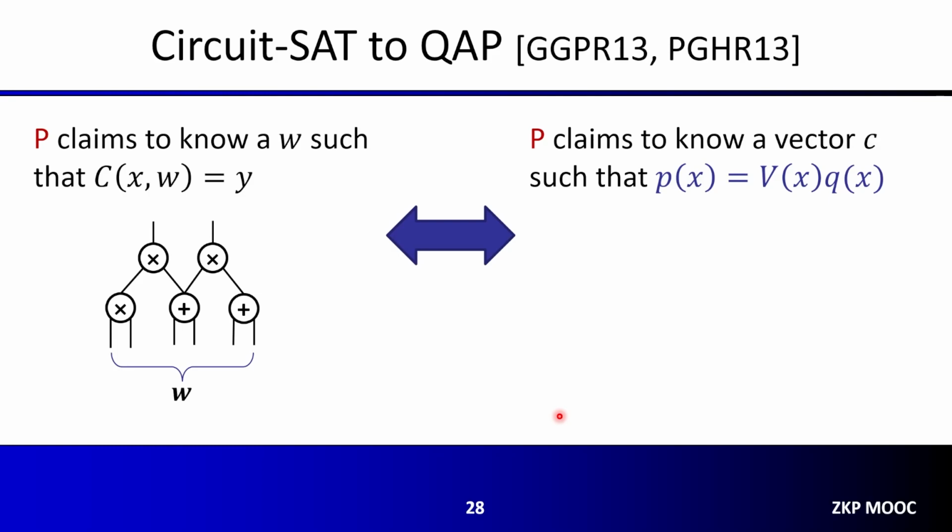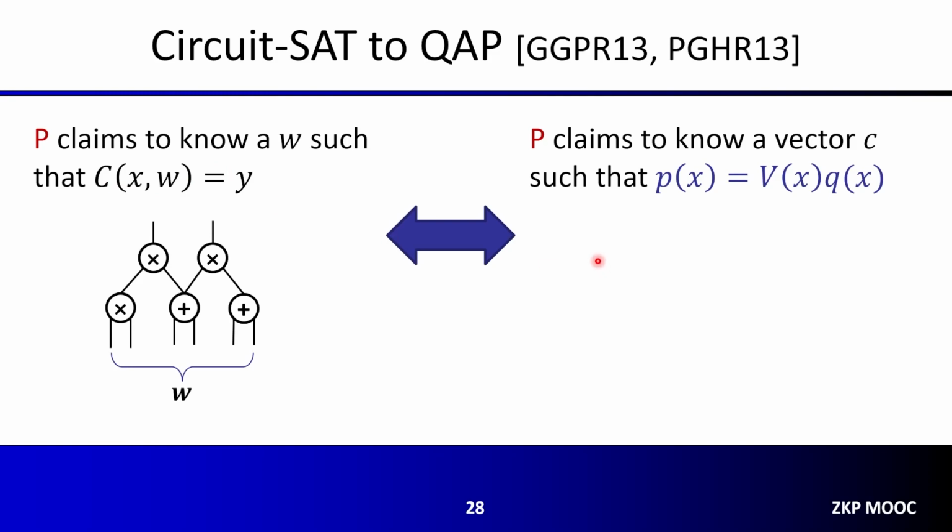To sum it up, essentially we're trying to reduce the problem of circuit satisfiability to an equivalent problem that can be represented as a polynomial equation, so that later we can use cryptographic tools to compile it to an efficient SNARK in practice. In particular, the prover P is trying to claim that he knows the witness such that C of x, w equals y.